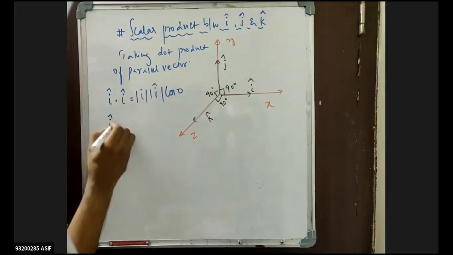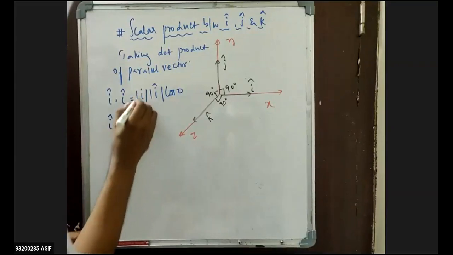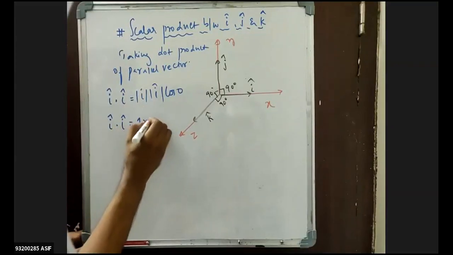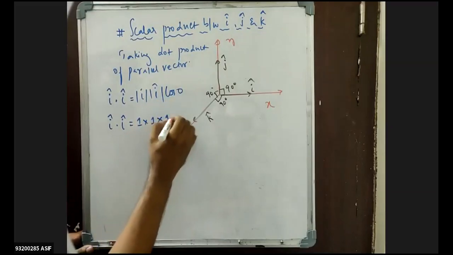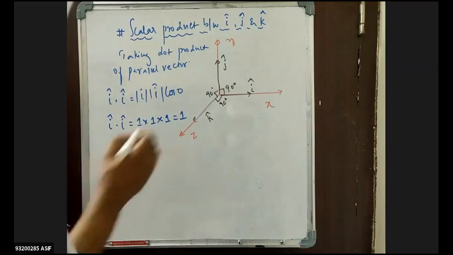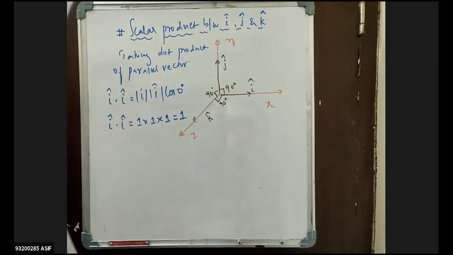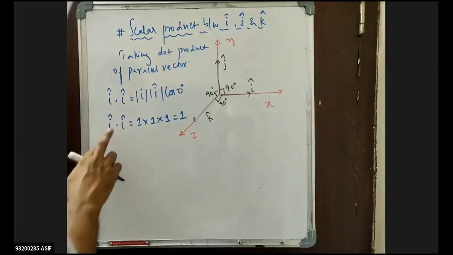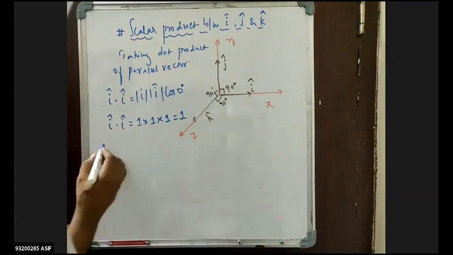So i cap dot i cap is mod of i, which is 1, into 1, into cos 0, which is also 1. So i dot i will always be equal to 1, because cos 0 degrees is equal to 1.